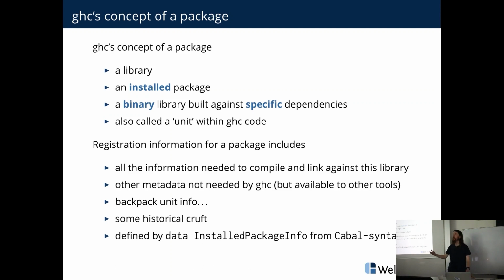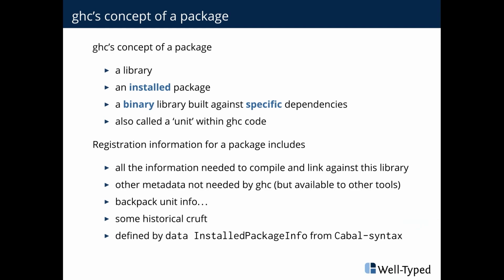Obviously in GHC, a package also really includes the actual binary files, .a files, .so, whatever, depending on the platform. But it's also then information about that library. In some sense, the library is literally the binary files, but GHC's concept of a package involves knowing something about that package, and that's what the registration information for packages is, and it includes quite a lot of information.